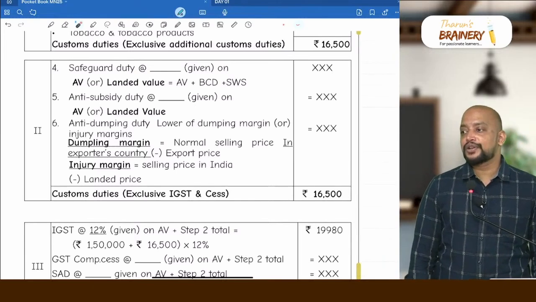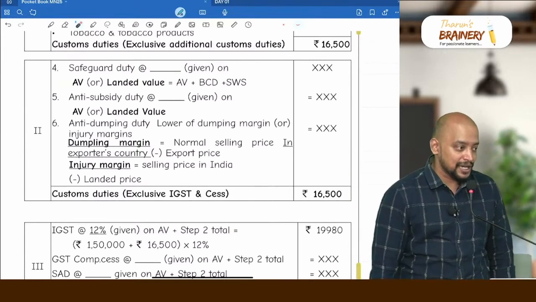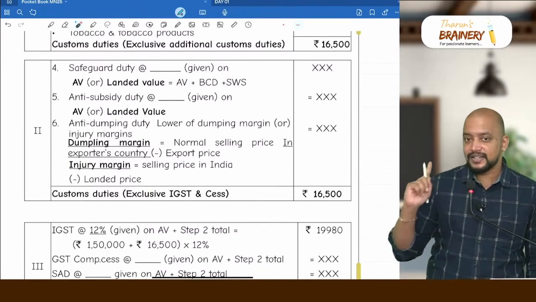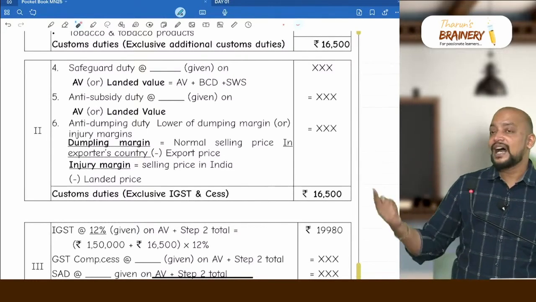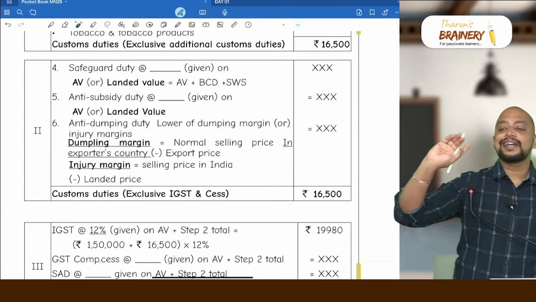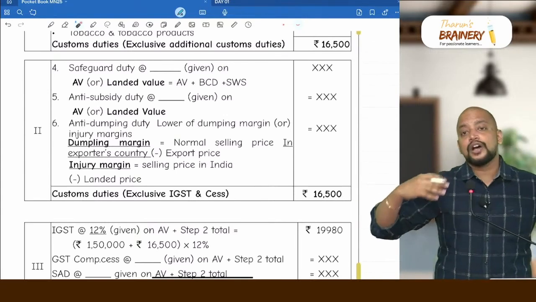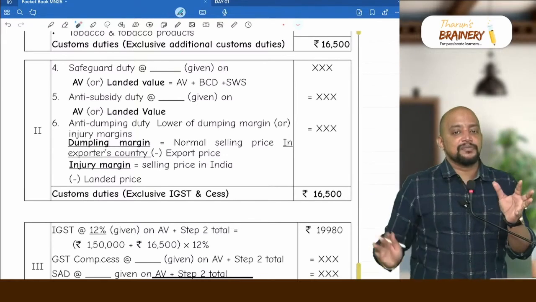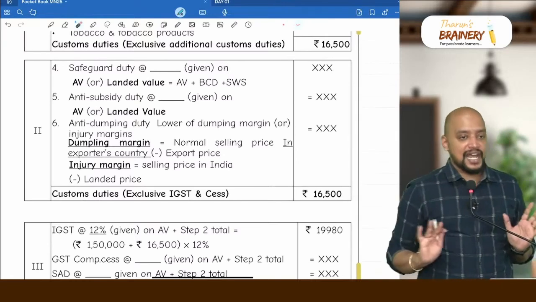In assumption number 24 I have given while computing anti-dumping duty or anti-subsidy duty, we need to take assessable value when the question is silent about which value to be taken, because that's what ICAI has taken in many past exam questions. So these are the assumptions which you need to follow, because these assumptions are based on solving many past exam questions. When there are different treatments, ICAI will follow one treatment. So that treatment related assumption only I have given there.